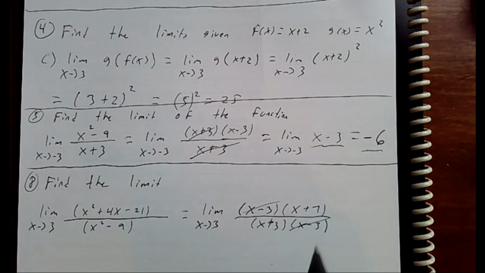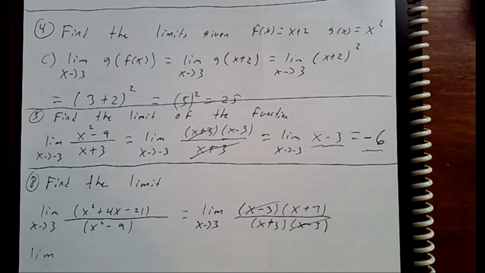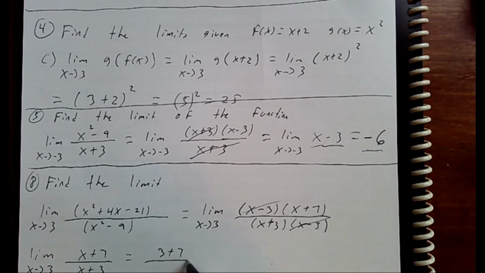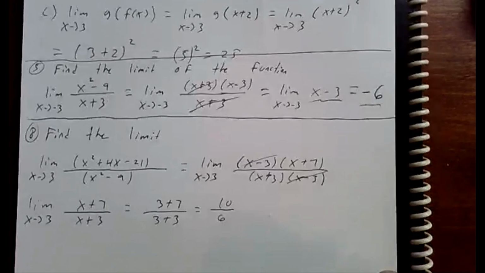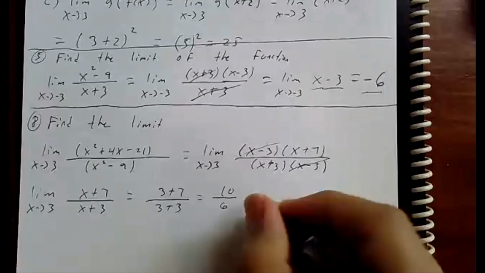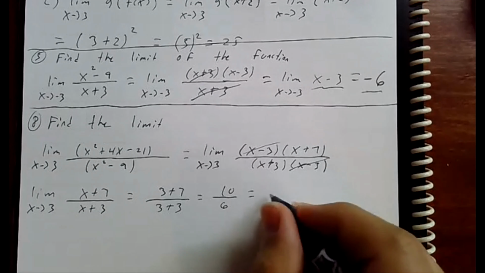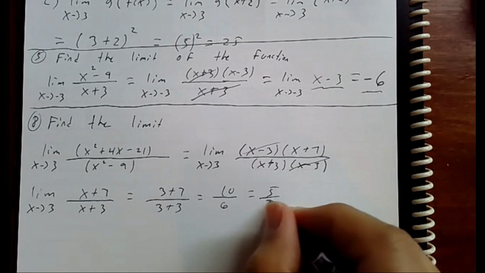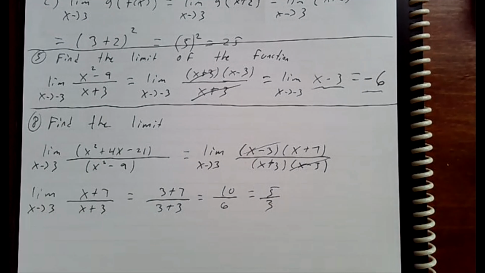So now I should be able to plug it in. Plug in 3, that would give me 3 plus 7 over 3 plus 3, which is 10 over 6, right? Which would be 5/3.